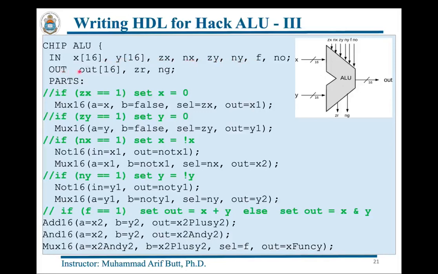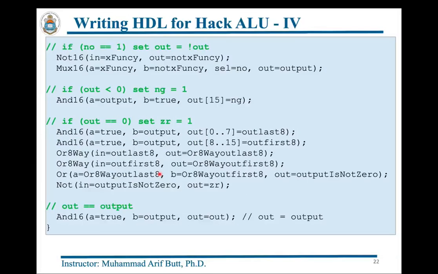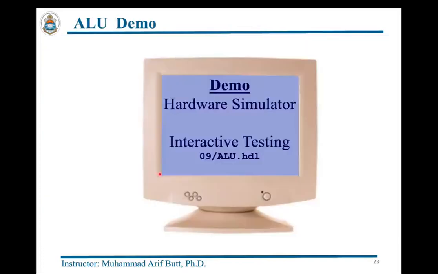And in the out part, we have one 16-bit output and two single-bit output flags, the ZR flag, the 0 flag, and the NG bit, the negative flag. And also please go through the code in the implementation part, which I think will make sense to you all. And that is it. This is the complete code of the Hack ALU.